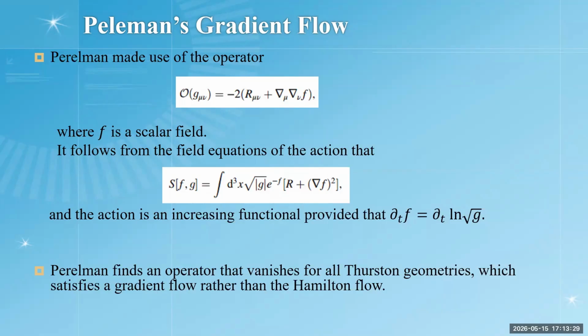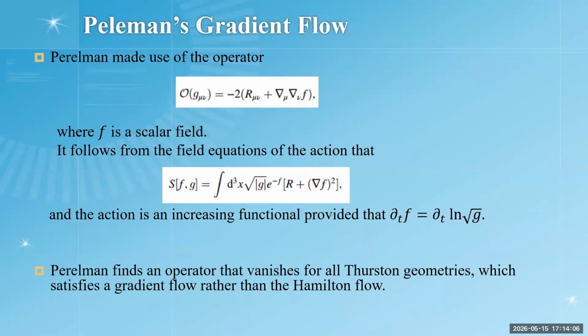Well, of course, there is one minor assumption. In order to have an increasing functional, we have to define the heat flow using this equation, and this action should have this property, an increasing functional. So Perelman actually introduced this assumption. The time flow of the scalar operator is related to the geometric flow of the metric.